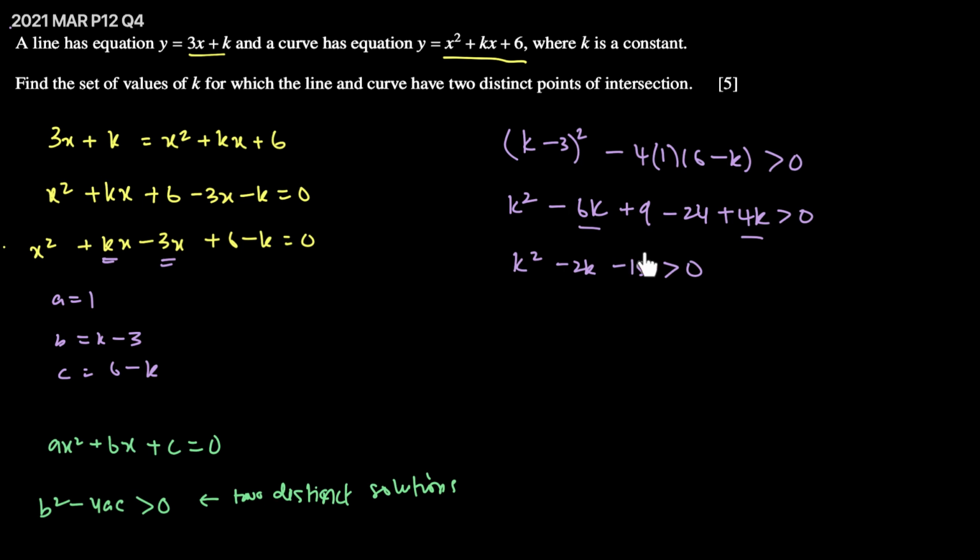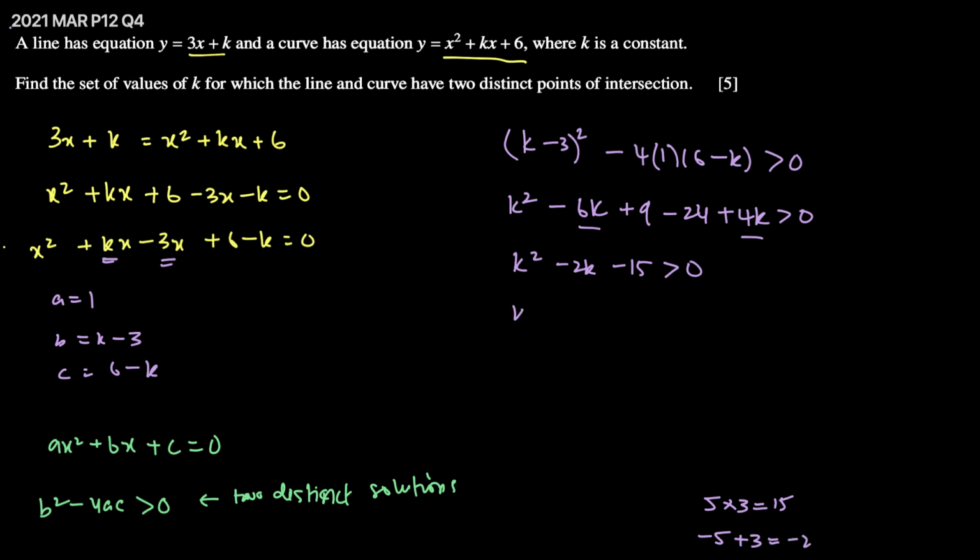Now let's try to factorize this. What we have over here is negative 15, so we have to take two factors of 15 that give a difference of minus 2. Which two factors of 15 give you that? If you take the factors 5 and 3, 5 times 3 is 15, and minus 5 plus 3 is equal to minus 2.